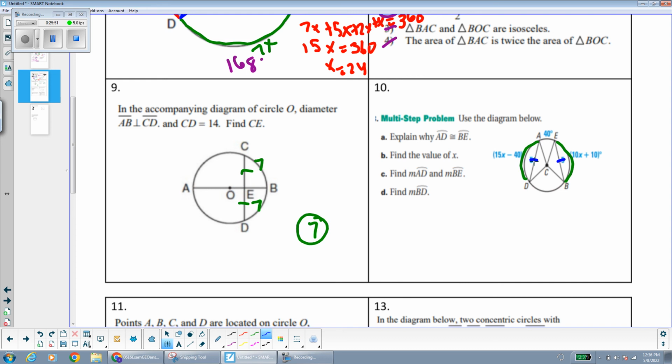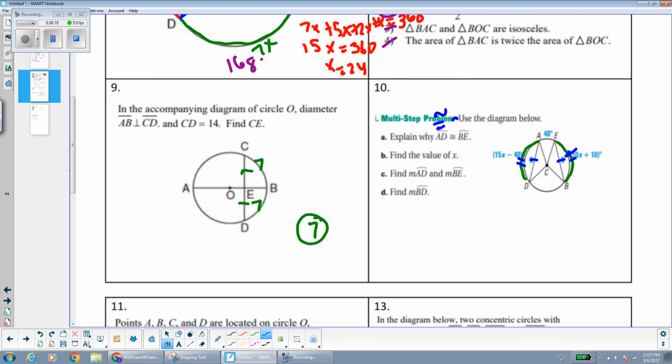Remember, we have a theorem that says congruent chords intercept congruent arcs. Chord AD has endpoints A and D, so it's intercepting arc AD, and the congruent chord EB has endpoints E and B, so it's intercepting arc EB.